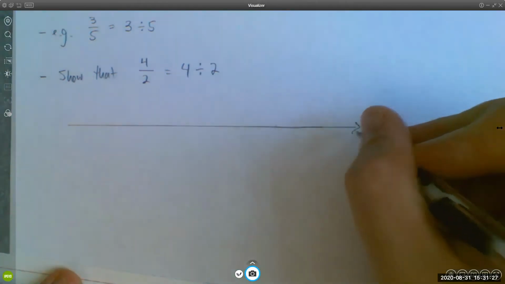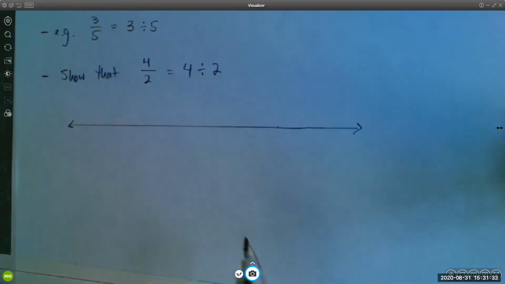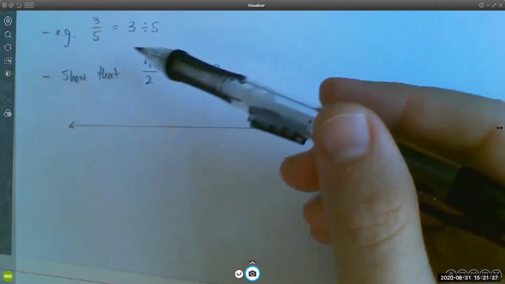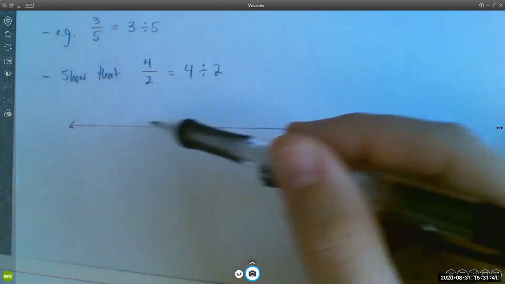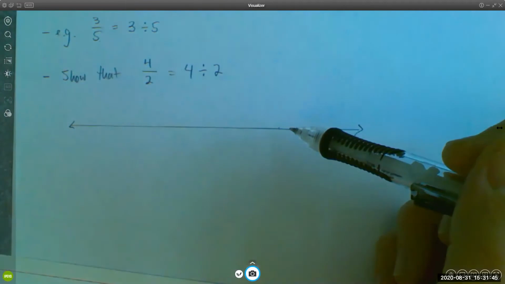In the first place, I'm going to give myself this number line. Now, in order to make everything precise, if I want to get 4 on there, so to show you 4 divided by 2, what I need to do is I need to take 4 units and split them into 2 equal parts.